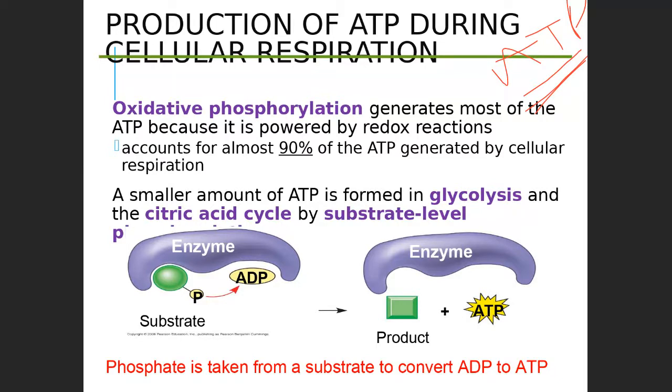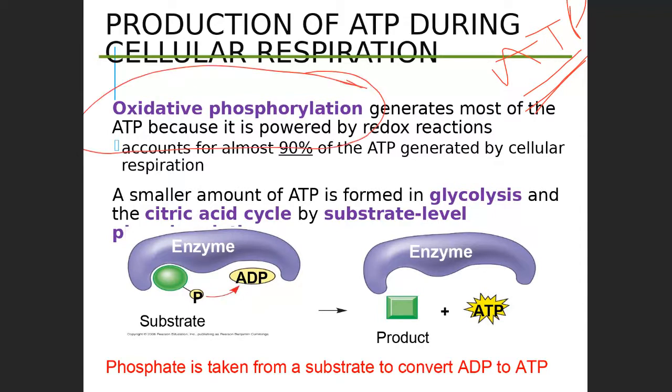Oxidative phosphorylation is the one that produces almost 90% of the ATP generated by cellular respiration. It happens using a proton pump, the ATP synthase pump. This is oxidative phosphorylation, and it happens when the oxygen is present.